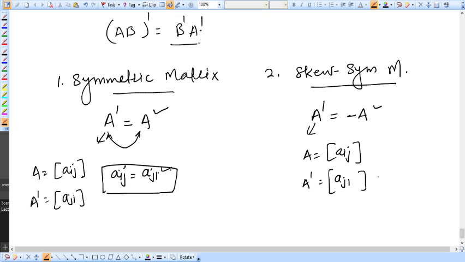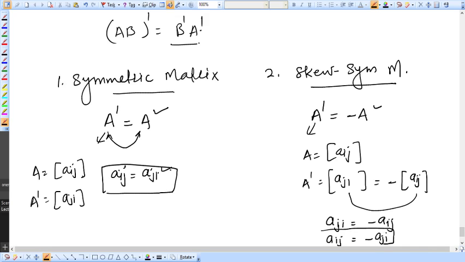Okay, but it is equal to minus A, so it is equal to minus aij. So on comparing we will come to the conclusion that aji is equal to minus aij. Alternatively, you can write it as aij is equal to minus aji.